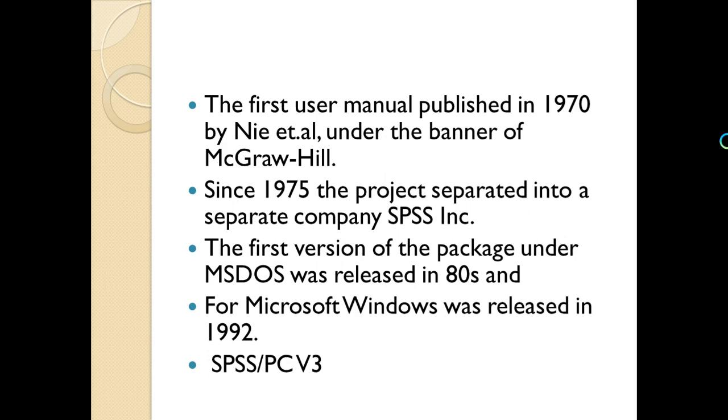Subsequently, the first version of this package under Microsoft's DOS operating system was released in the 80s, and then in the year 1992, it was ported to Windows. I remember I got introduced to this software in the year 1990 with their version called SPSS PC version 3. Now today you have SPSS for Windows version 26.